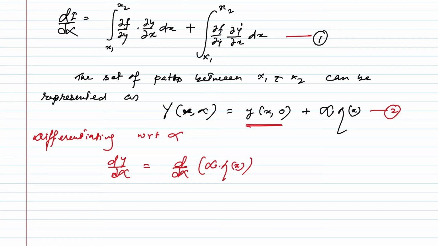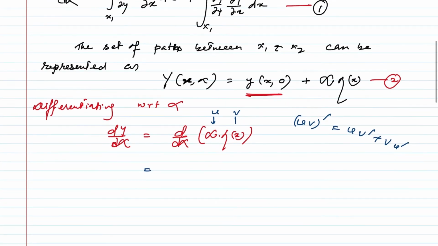Here we can use the product rule. This is u and this is v, and the derivative of u into v is u times the derivative of v plus v times the derivative of u. If you use that, you will get alpha times the derivative of eta, represented by eta dot of x, plus eta of x times the derivative of alpha.